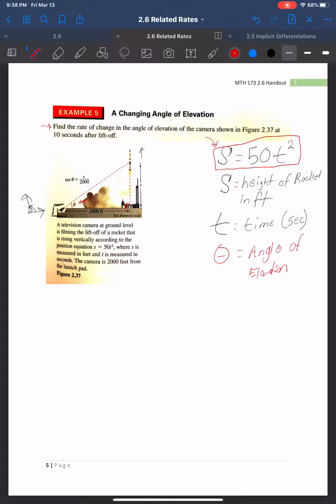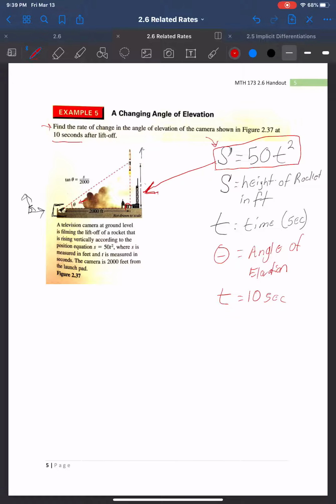So if S is the height of the rocket and T is time in seconds, and it does appear that they tell us that T is equal to 10 seconds, that would mean that, see if you can make sense of this, if we just plug T into this position function, we'll know this side of the triangle as well.